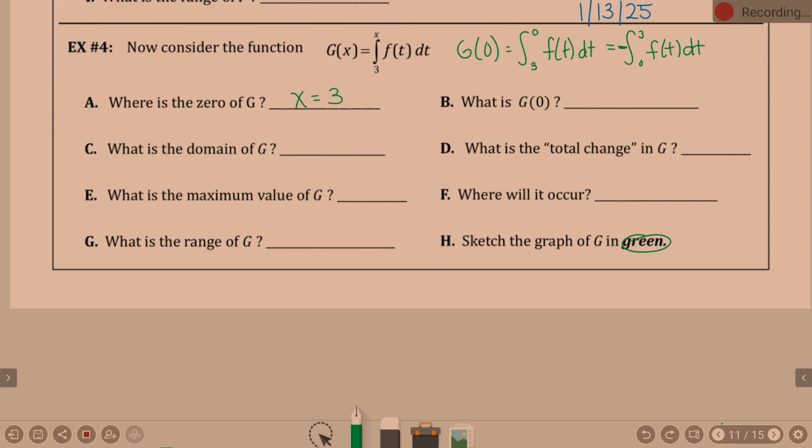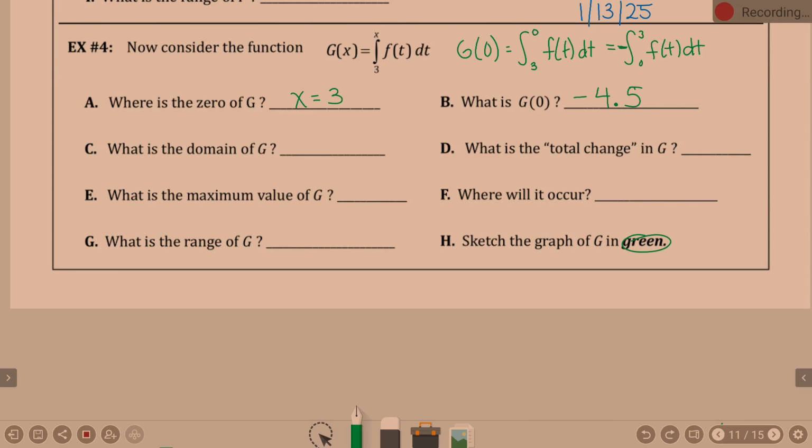So when we ask what is g of 0, it's the opposite of the integral from 0 to 3. Well, if you look up there from 0 to 3, it was 4.5. But the opposite of that is going to be negative 4.5. Is that making some sense?